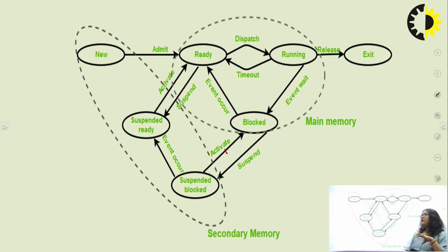So, this is the expanded diagram of the process life cycle. These are the criteria that we have to define: how the process moves from running to blocked, from blocked to suspended block, and from the suspended block to the ready state or the blocked state.